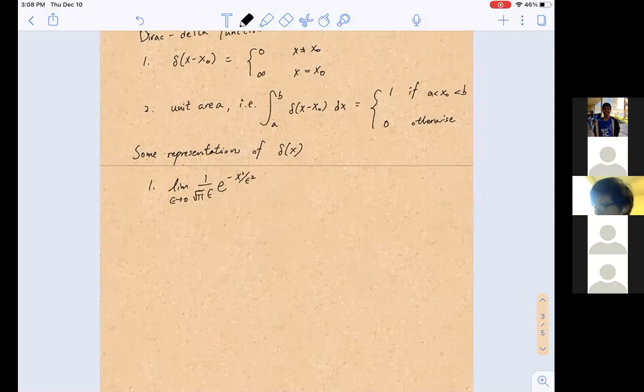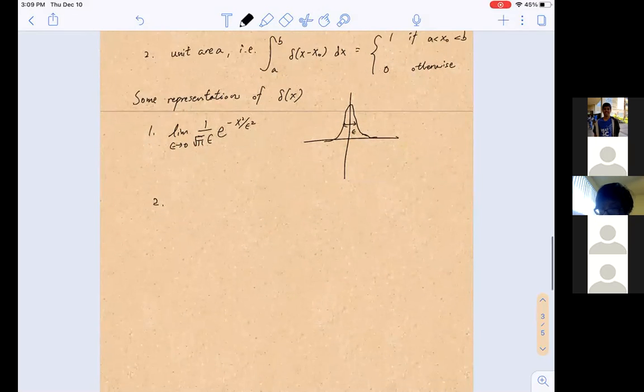And in the limit epsilon goes to 0, this becomes the Dirac delta function. So this is like what? This is a Gaussian function such that you let the width become less and less while maintaining the area being 1. So when epsilon goes to 0, it has 0 width, but the area is still 1.